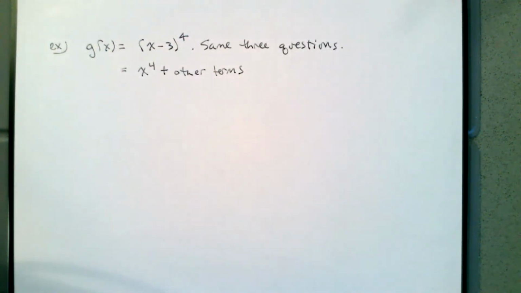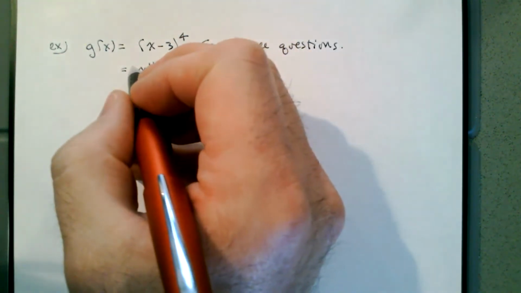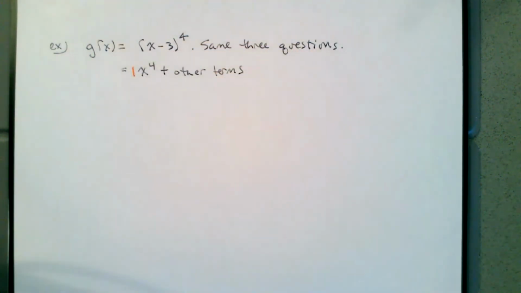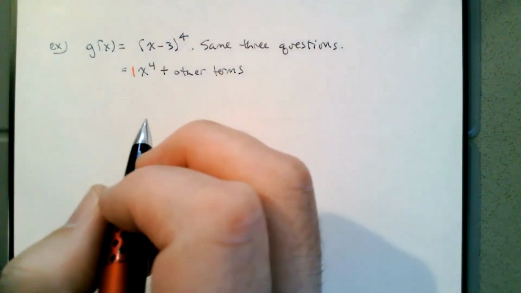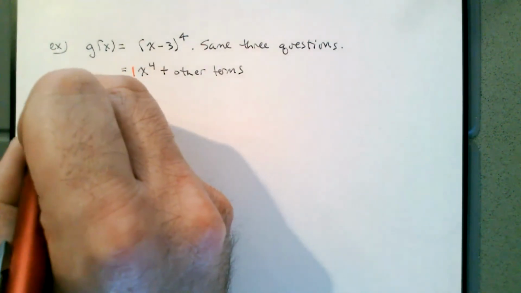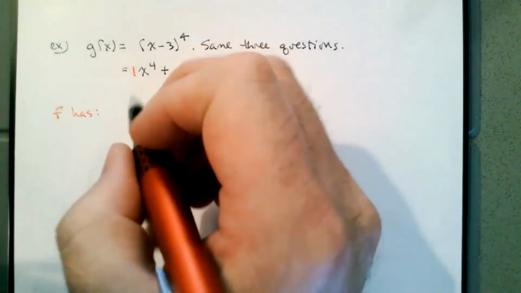Just based on the degree of this polynomial, since the leading coefficient is positive and the degree is even, and since the degree is 4, it could make 3 turns.